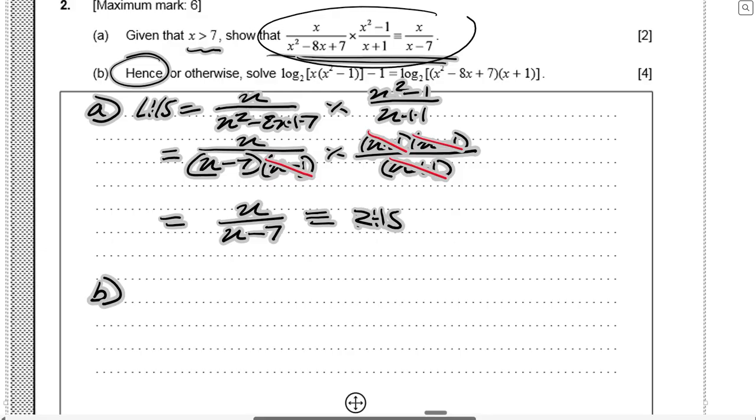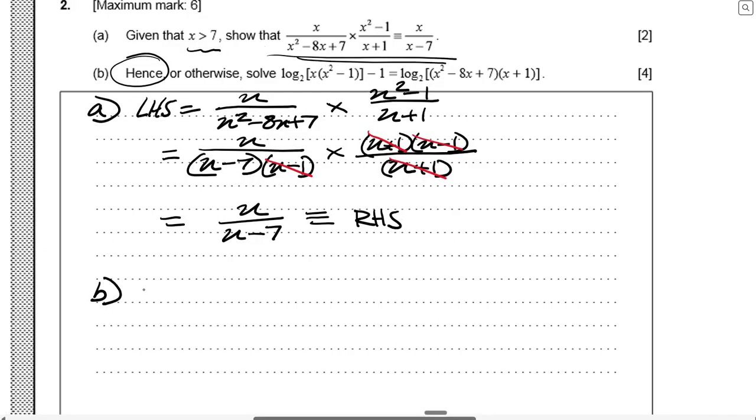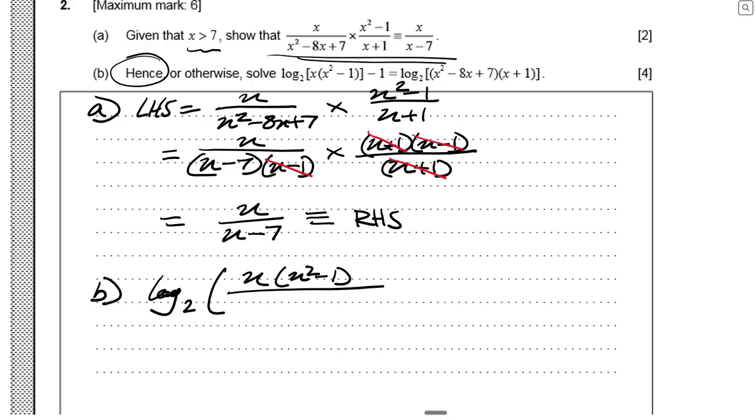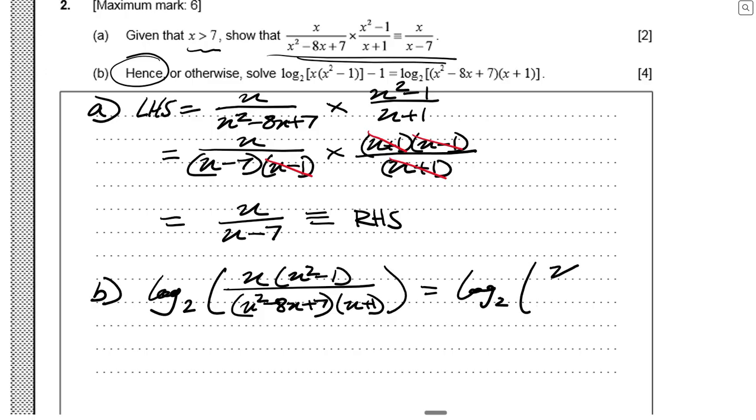So what we need to do is use this equation to derive this, and what we have is log base 2, and then let's just use that left hand side. That is (x squared minus 8x plus 7) times (x plus 1), and that is equal to log base 2 of x over x minus 7.